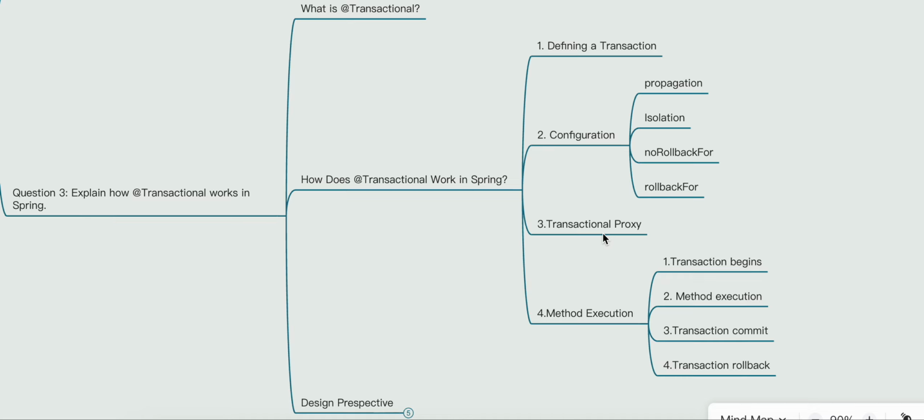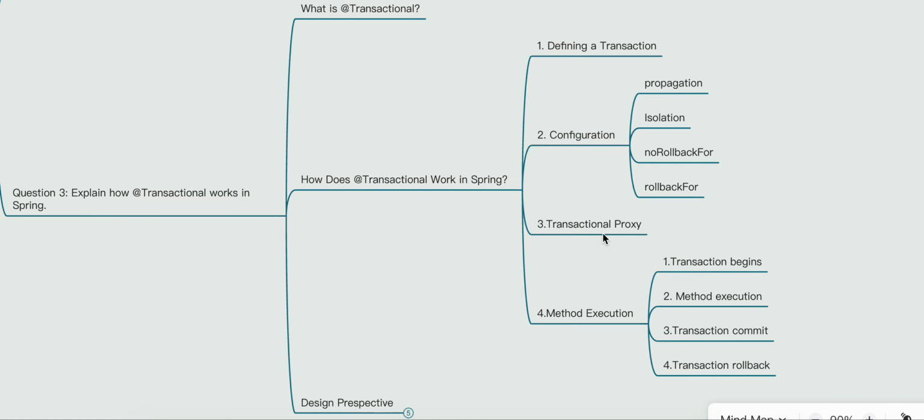This proxy is responsible for managing the transaction before and after the method execution. The proxy ensures that the method runs within the scope of a transaction, committing the transaction if everything goes fine, or rolling it back if an exception occurs.